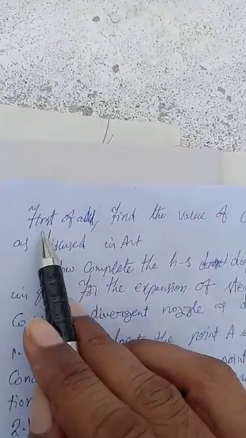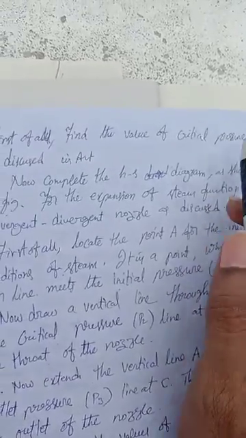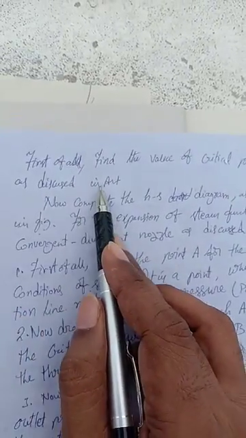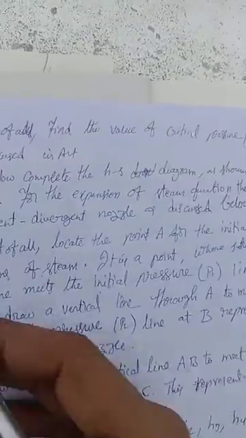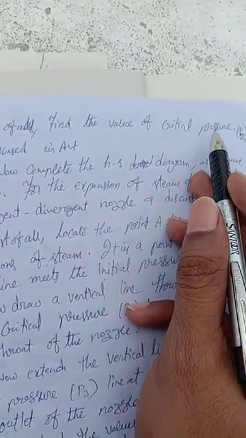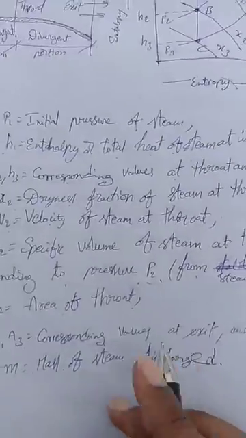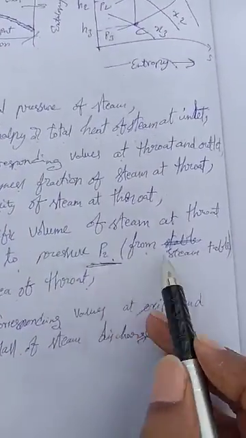So now here, first of all find the value of critical pressure P2 as discussed earlier. ఇక్కడ మనకి క్రిటికల్ ప్రెషర్ P2 వచ్చేసరికి మనం ఫ్రమ్ స్టీమ్ టేబుల్స్ నుంచి తీసుకుంటాము. ఇక్కడ మనం చెప్పుకున్నాం ఆల్రెడీ.